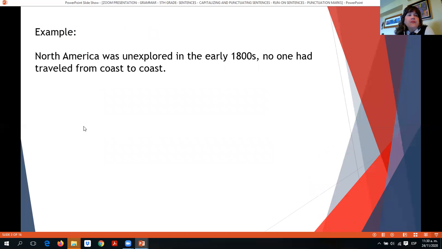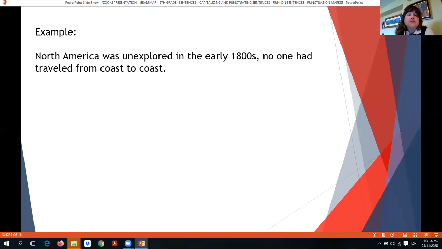Let's see an example. Here we have: North America wasn't explored in the early 1800s. No one had traveled from coast to coast. So here we have a long sentence that would be better if we could read it as two separate sentences or as a compound sentence. Okay, it has a lot of information.